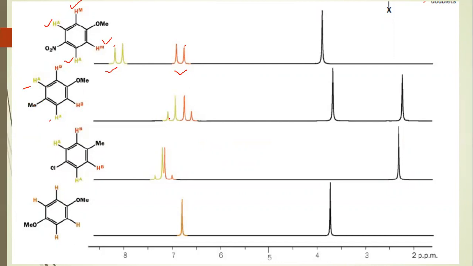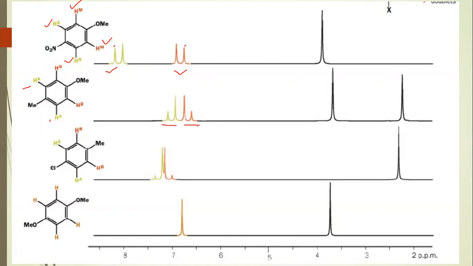Now the signals' chemical shift difference is very small, so the signals are very close to each other. This is one doublet and this is the other doublet, but see the distortion in the signal is large. The outer line intensities are decreased to a greater extent and the inner line intensities have increased to a large extent. So see how the signals are distorted here. This pair of doublets looks like a quartet.